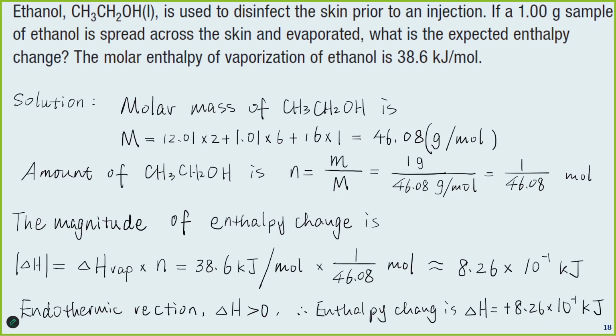And therefore we know this is actually an endothermic reaction because ΔH is above 0, right? And the enthalpy change is given by this number here, positive 8.26 times 10 to the power of -1 kilojoules.